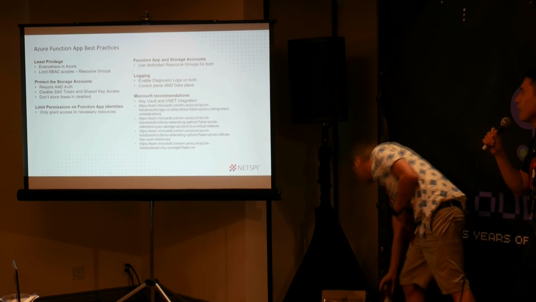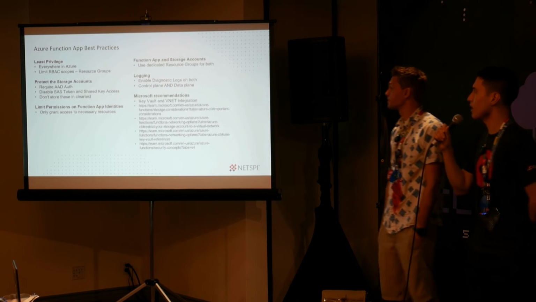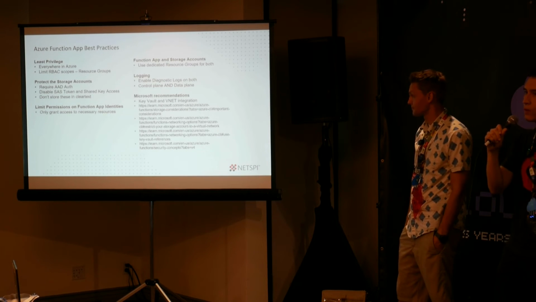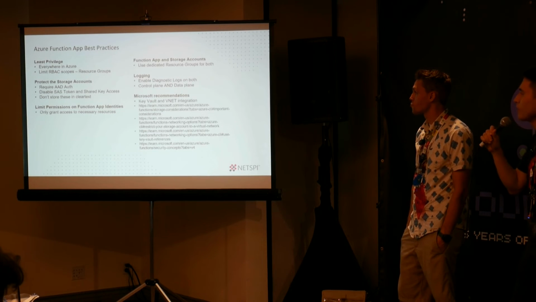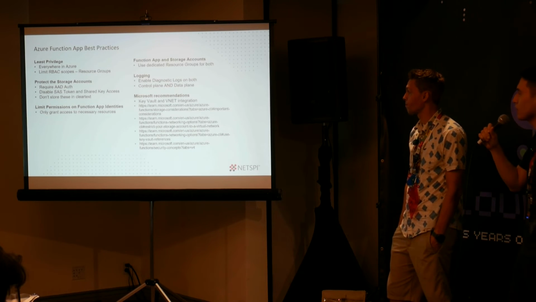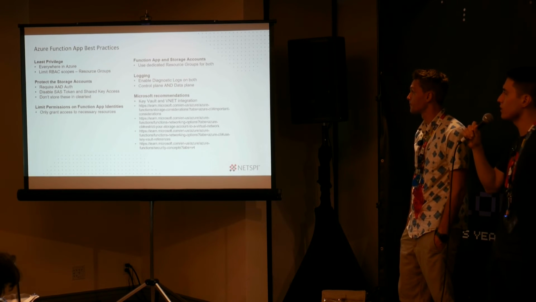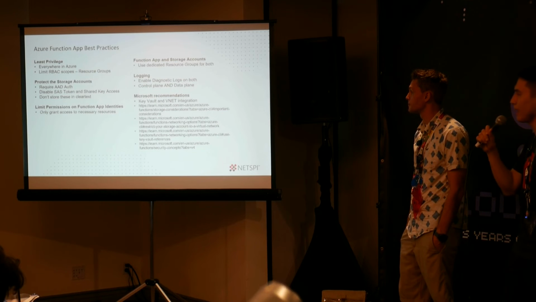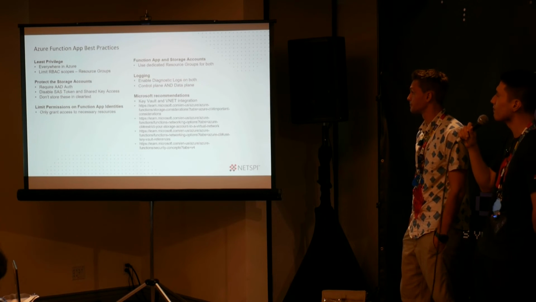Protect your storage accounts. Don't lose your shared access keys or SAS tokens and store them in clear text, because somebody will find them. Limit permissions on function app identities, and especially if you have something that's very highly privileged granted to a function app, make sure you protect that. That's almost keys to your kingdom there, depending on how privileged it is.